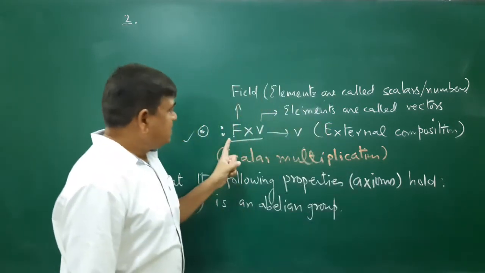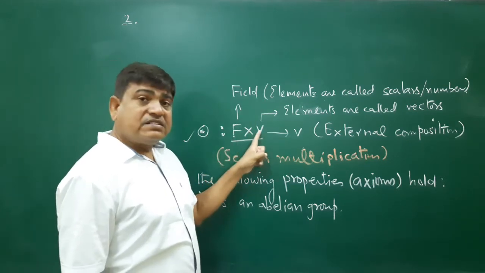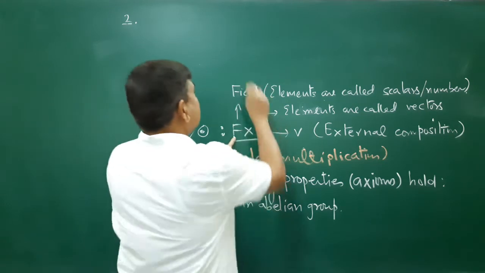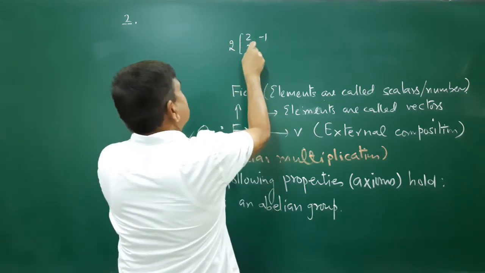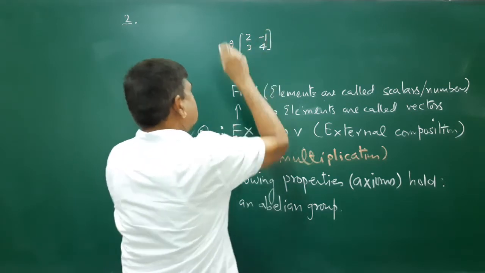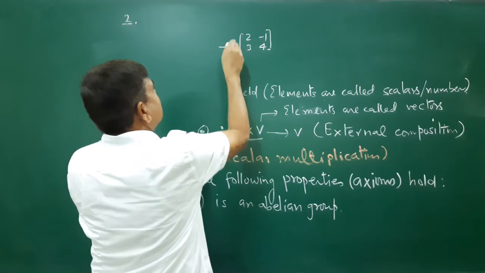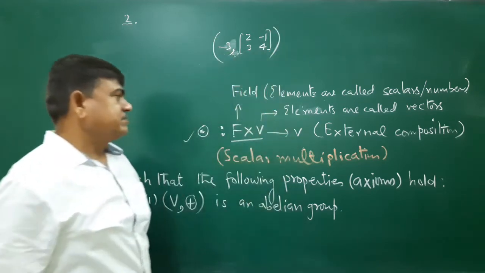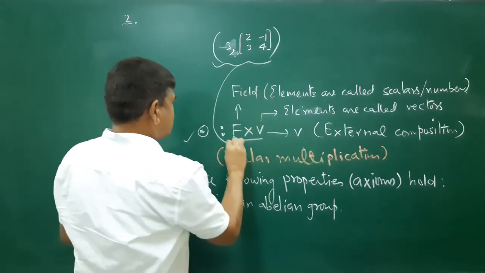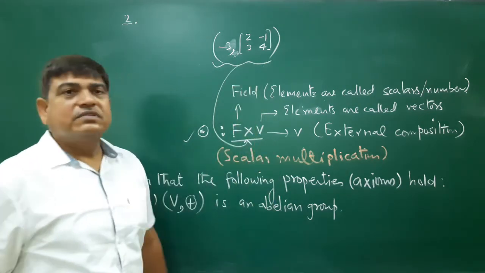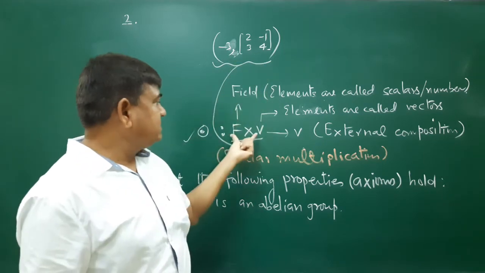For example, one member I consider from this, the other I consider from this one. This type of situation we will have in F cross V.